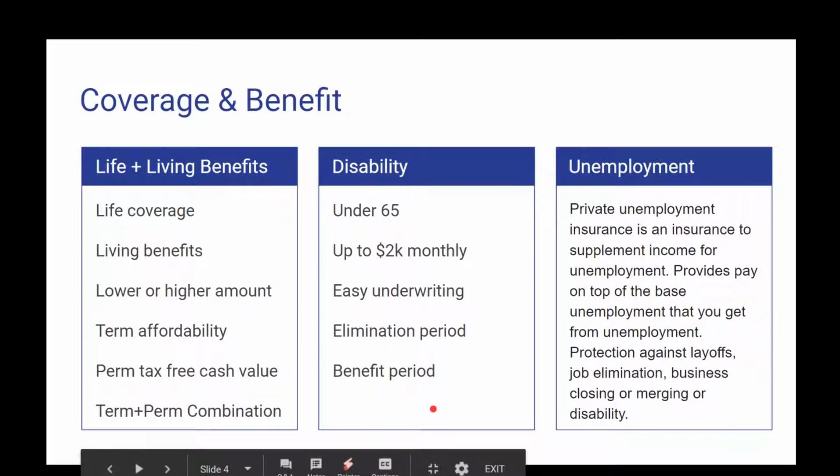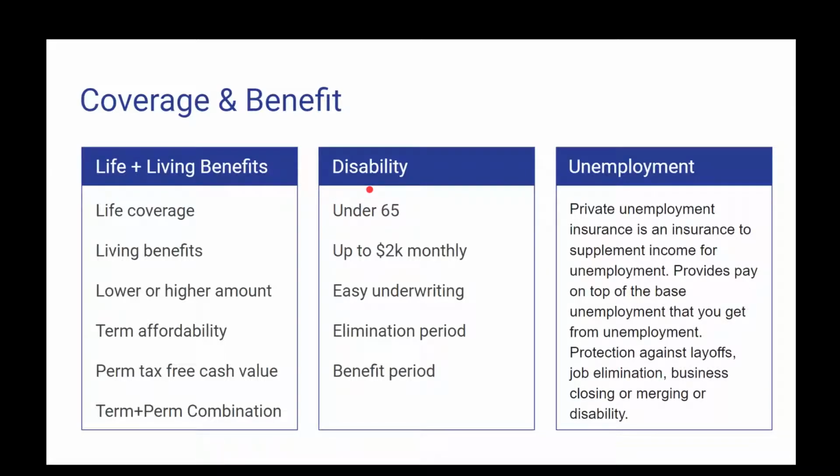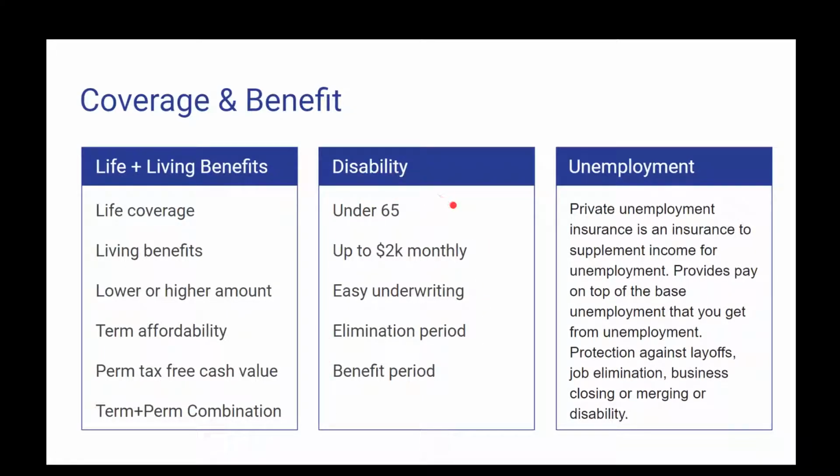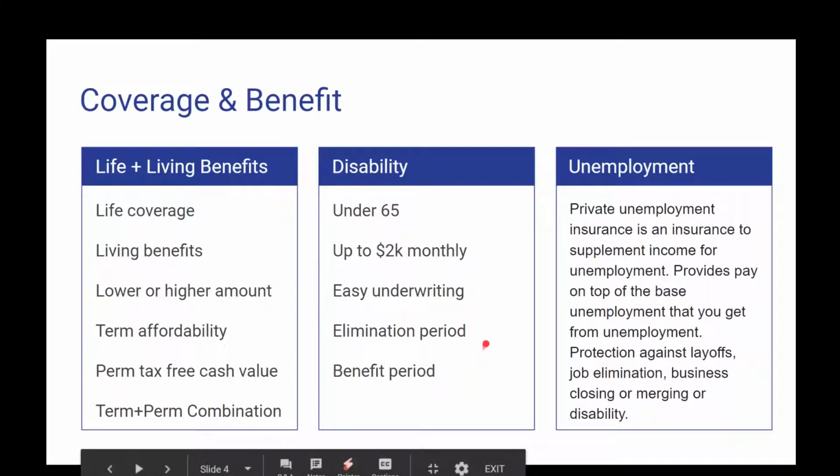In addition, group disability coverage will be taxable because it's paid with pre-tax money. With personal private disability coverage, premiums are paid with after-tax dollars, right? So that means the benefit is tax-free and we can also cover a much higher amount.